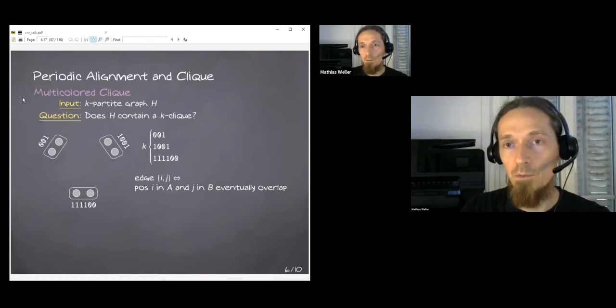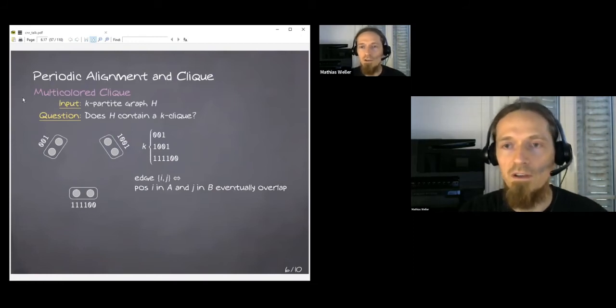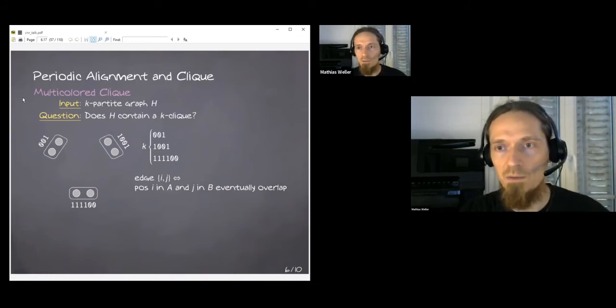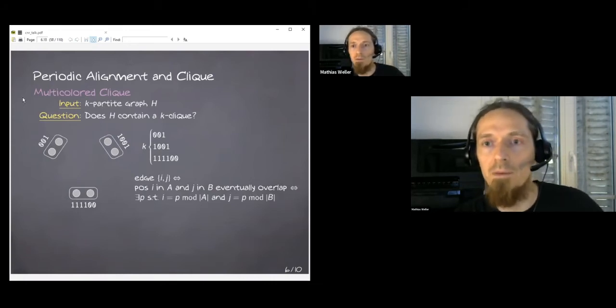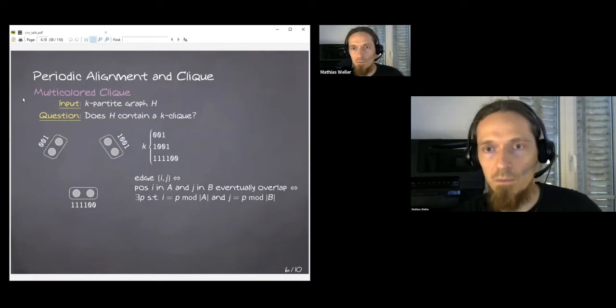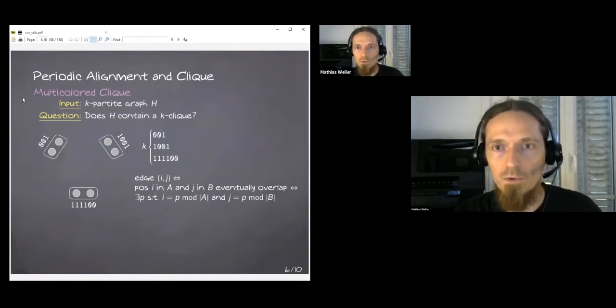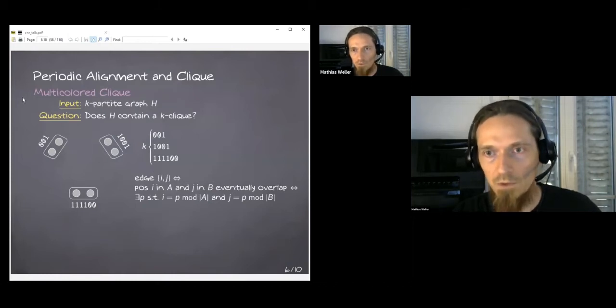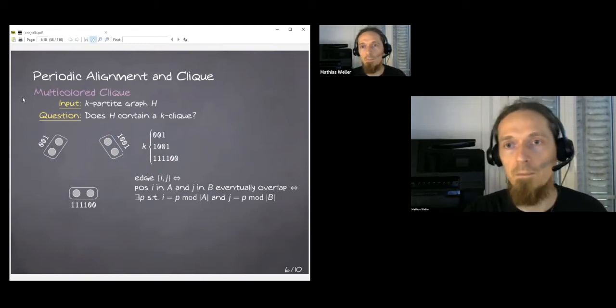And there will be an edge between 2 positions, i and j, whenever the position i in A and the position j in B will eventually overlap. What does that mean, eventually overlap? It means that there exists a position somewhere such that this position modulo the size of the first sequence is i, and this position modulo the size of the second sequence is j.